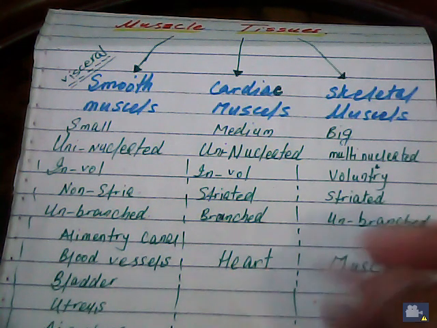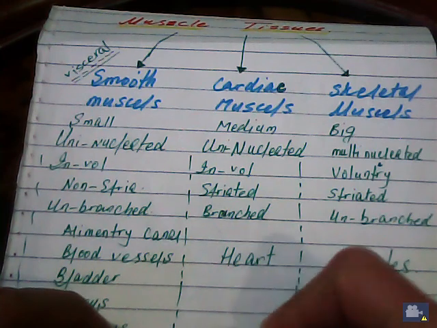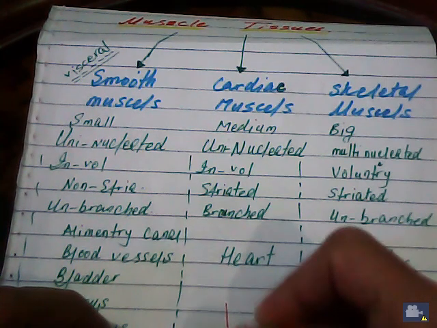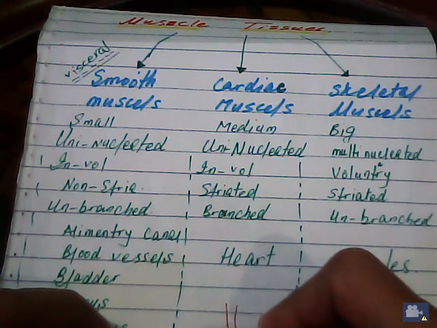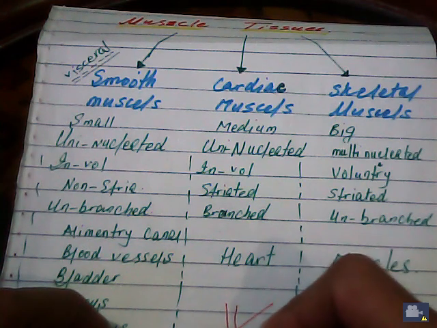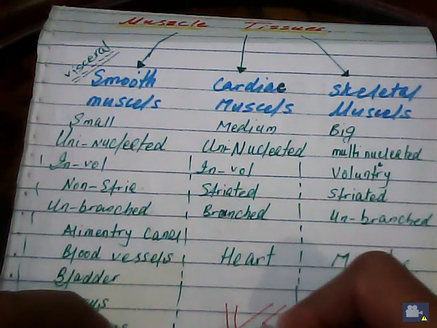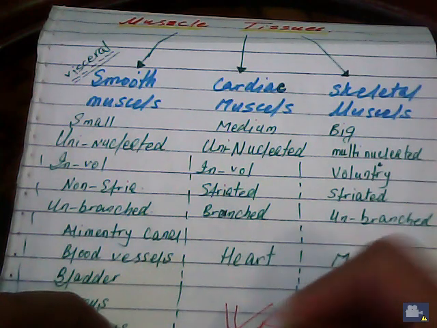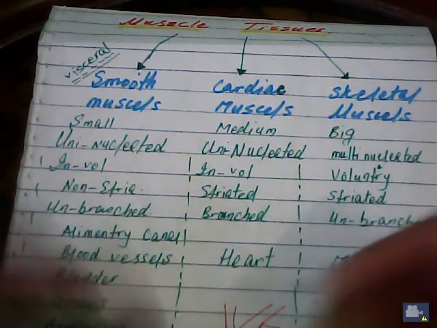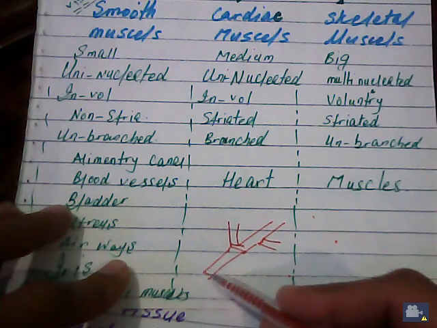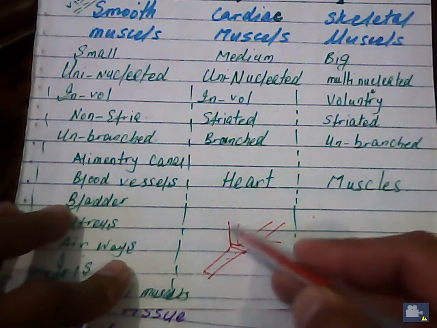So one cell is attached to another cell, and here it's going further, and another branch is going. So there are intercalated discs between the attachment, where one cell is attaching to another cell. There is a disc which is called an intercalated disc. This is like one cell giving rise to another cell.